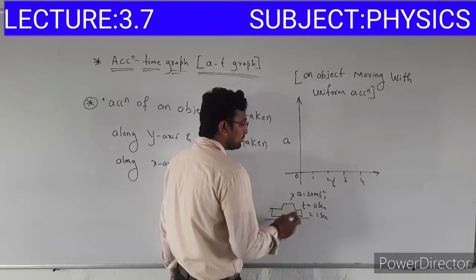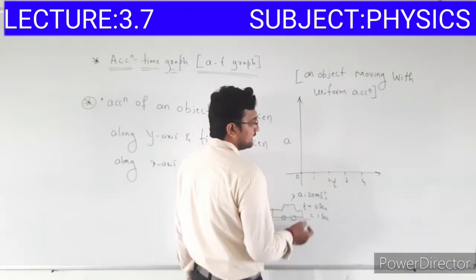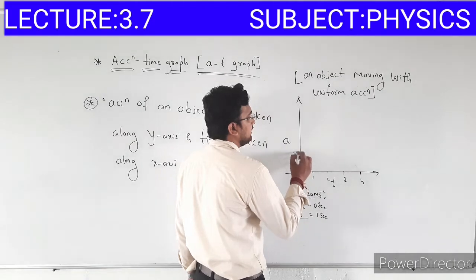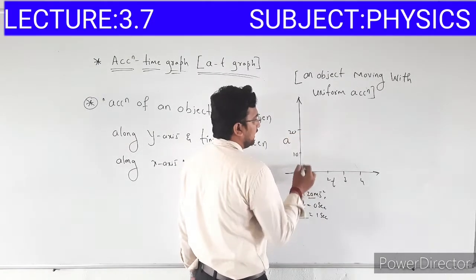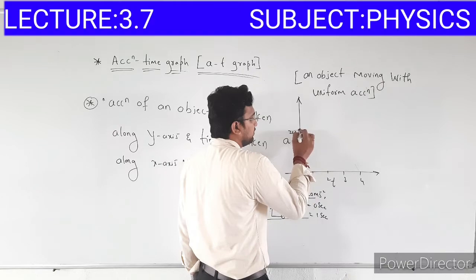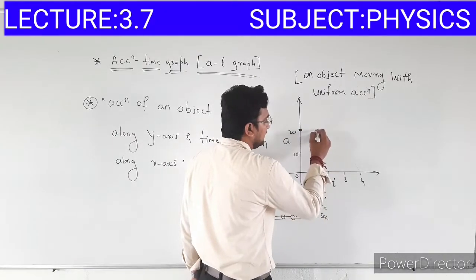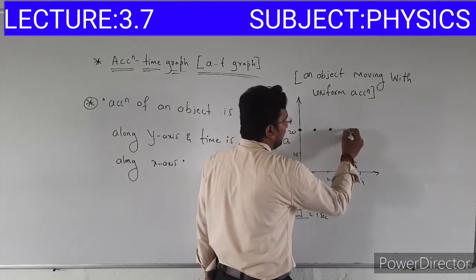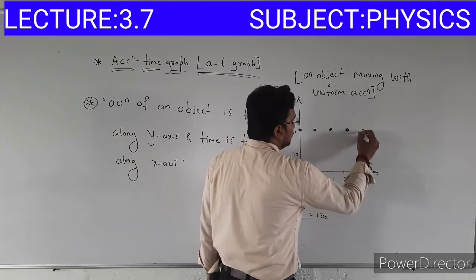Here at 0 second the acceleration of the object is 20. This is 10 and this is 20. At 0 second the acceleration of the object is this point. At 1 second the acceleration is the same, at 2 seconds the same, and at 3 seconds the same, and so on.